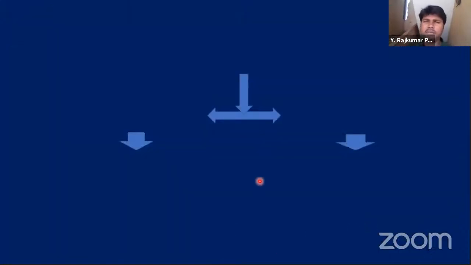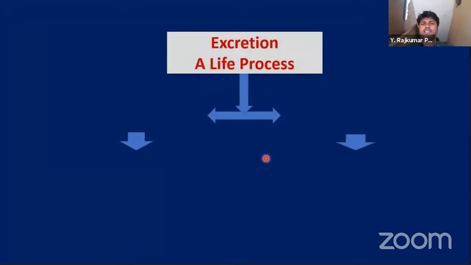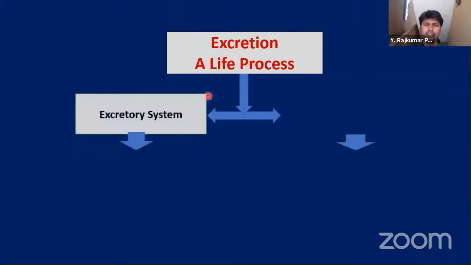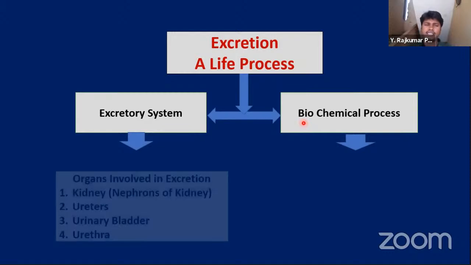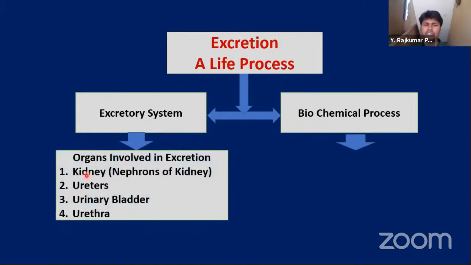Let's see the 8 marks question, which is excretion, the formation of urine. Under excretion, what do we learn? It's a life process, and we learn about the excretory system and the biochemical process involved in the formation of urine. Under the excretory system, we studied the organs involved in excretion, like kidneys, and kidneys have nephrons, which are the ultrastructures of the kidneys, ureters, urinary bladder, and urethra.